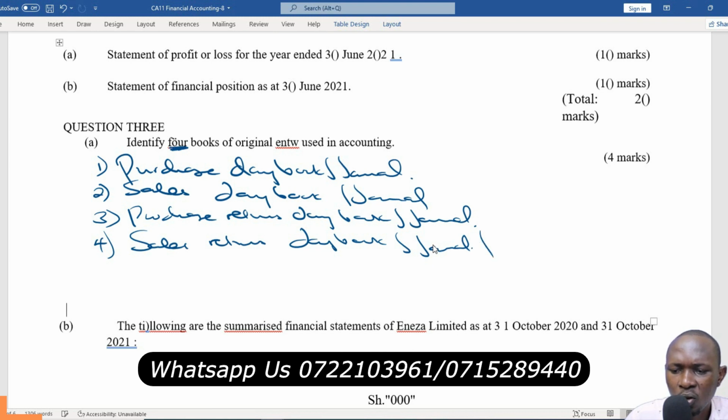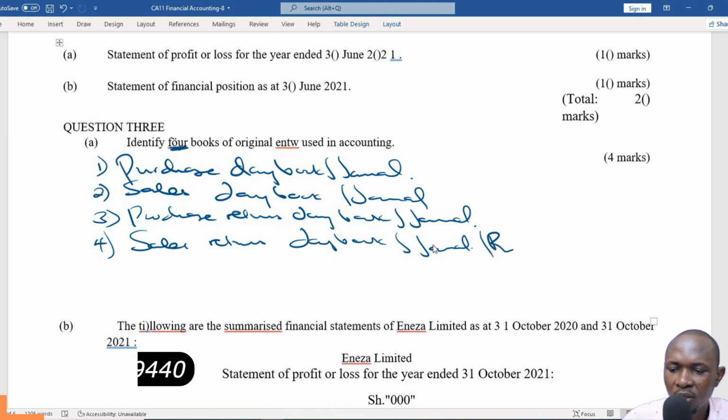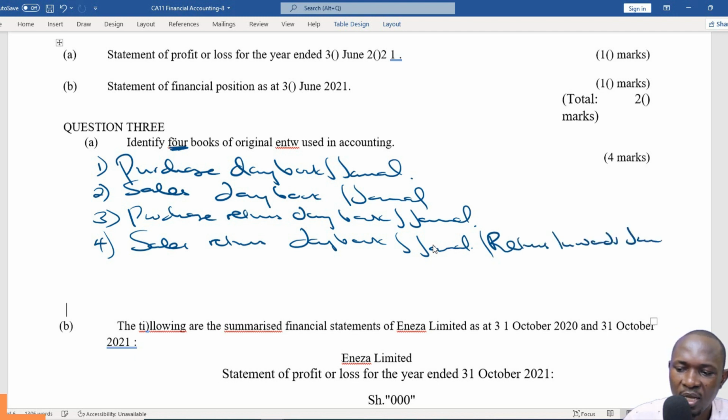You've sold, the goods come back, so they are also called returns inwards journal. And the purchase returns is also called the returns outwards journal.